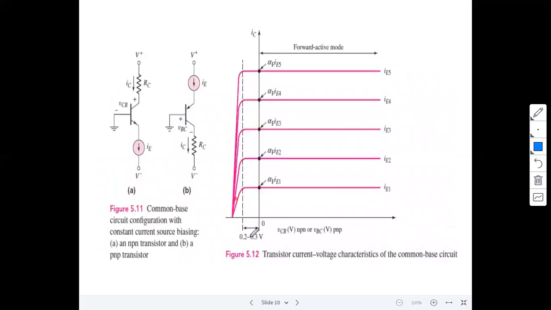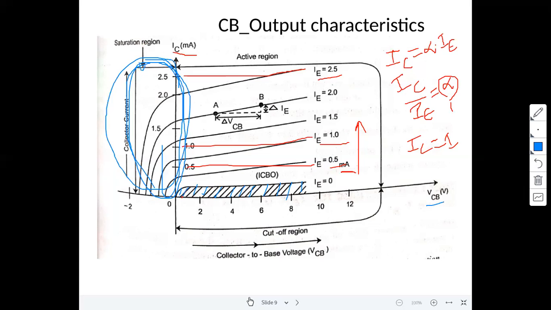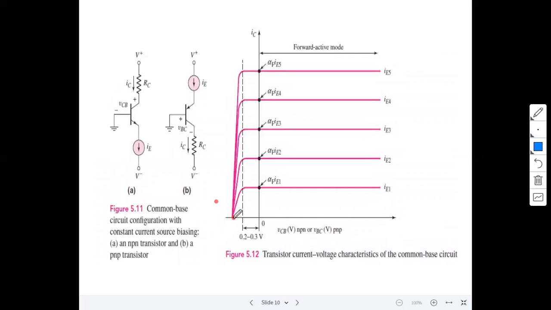In some graphs this is not exact, I think all start with the same point. Observe here for different values of IE, whatever the IE may be, the relation is alpha times IE2, alpha times IE1.